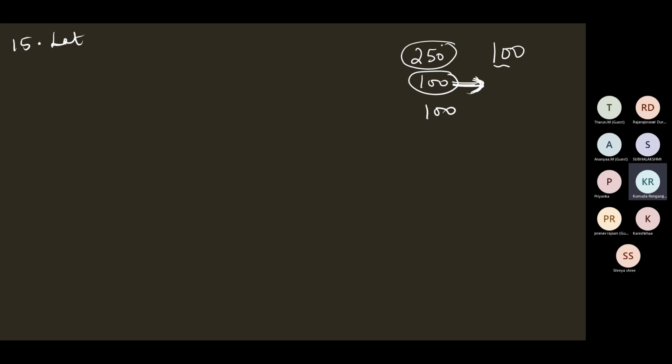So 250 is the population of the village. But of this population of 250 people, only 100 are 18 years or above. So only they are eligible to vote. So this is the number of people in the electoral roll.